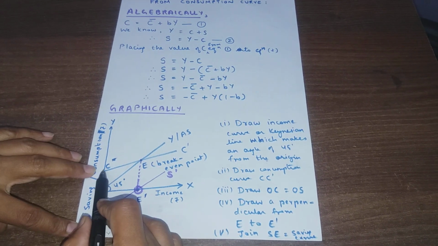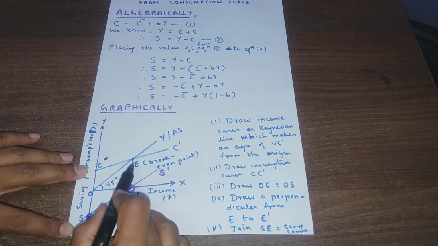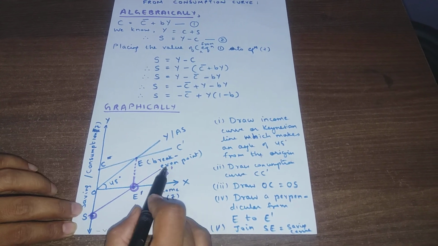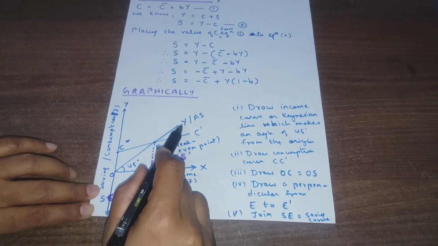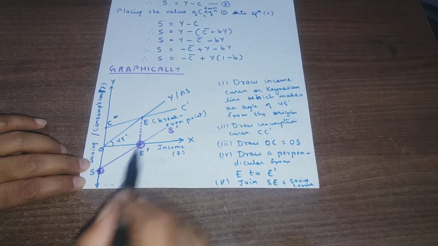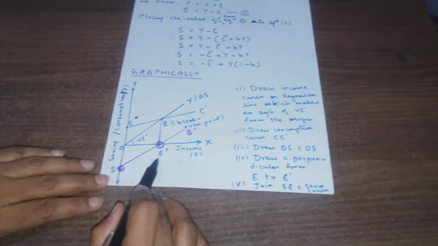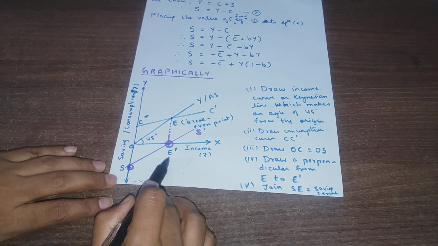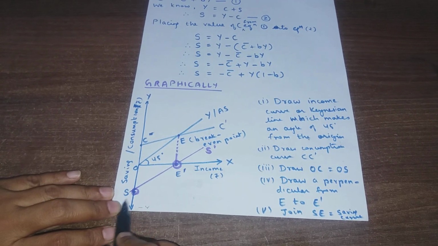This will be, S will be your point 1. Now wherever C intersects income line, that is E, it is known as break-even point. At break-even point, C is equal to income. Consumption is equal to income. Now draw a perpendicular from E on the x-axis, name it E dash. Now when you get 2 points, with the help of 2 points we can draw a line.